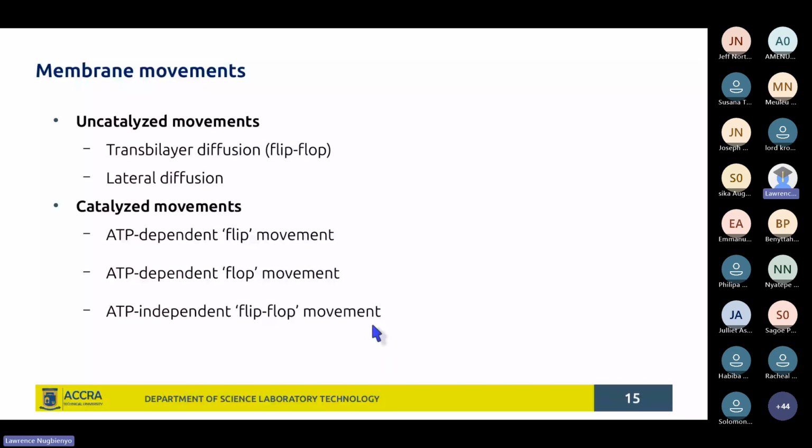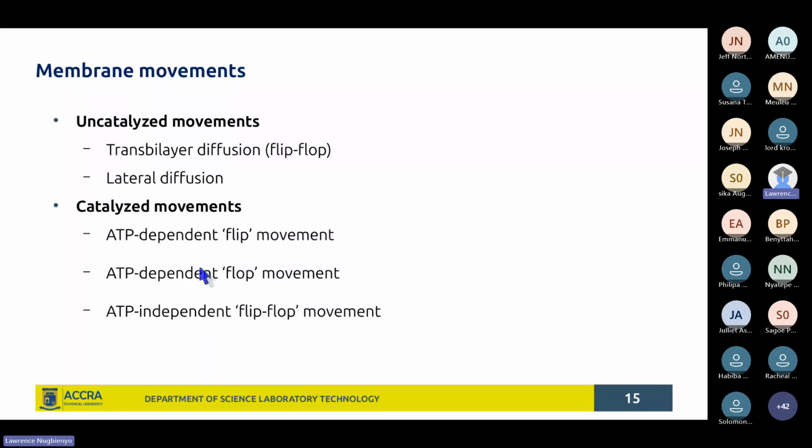Now we move on to look at membrane movements. Because you say the membrane is fluid, it moves. So if the membrane is fluid and it moves, what types of movements do we have in the membrane? Now we have two major kinds of movement in the membranes.